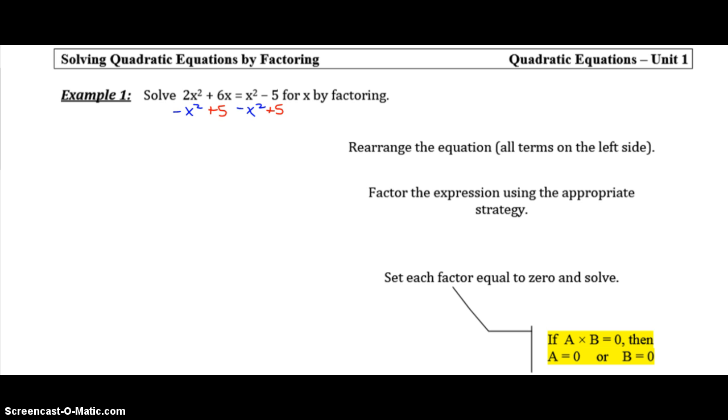So that means your expression becomes x squared plus 6x plus 5 equals 0. So everything goes onto one side of the equation, typically the left, and 0 is left on the right side.